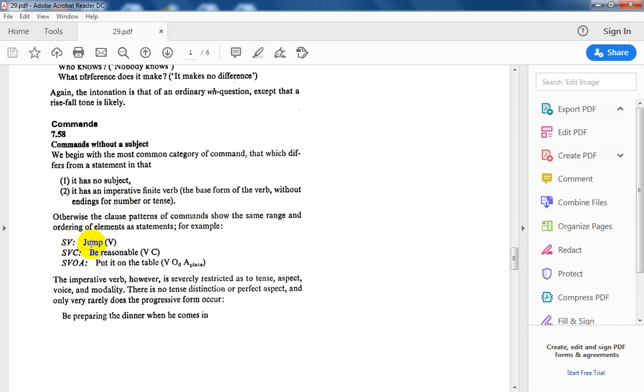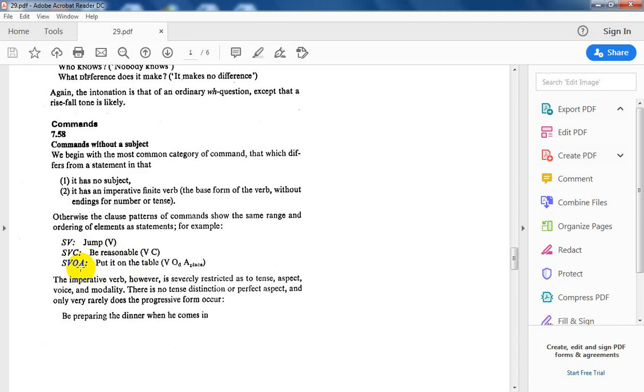If I give you the sentence "jump" and ask you to state its clause element or clause type, you say V or SV, in which the subject S is what I mean for the subject. "Be reasonable": Be is the V, reasonable is CS, subject complement.